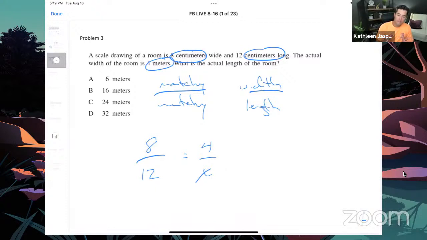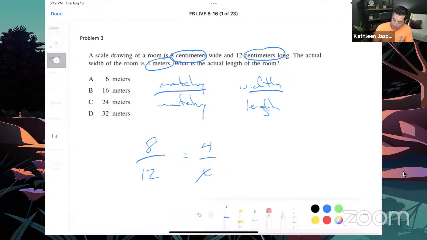All right. So it's important that you keep them in the same unit of measurement, because if you don't, you're just not doing it correctly, because likes go with likes. So we have to go ahead and change these out. Now, if we're doing centimeters to meters, I always want to go from the bigger unit down to the smaller unit. It just makes things easier.